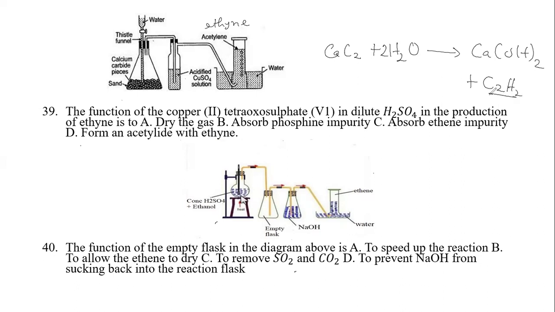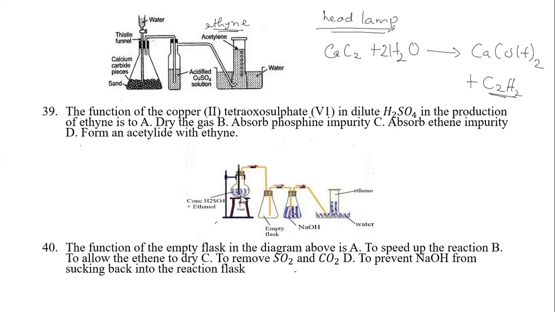ethyne. So the action of water on calcium carbide will produce ethyne. And that is what hunters use in making their headlamps.